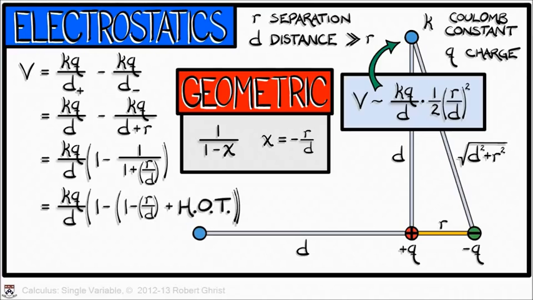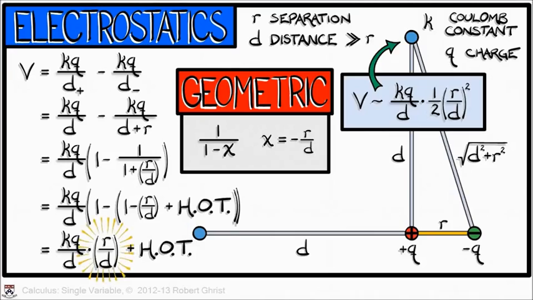Writing out the first two terms of that series as well, we get 1 minus r over d. The ones cancel, just as before, and we see that up to the leading order term, our electrostatic potential is kq over d times r over d.